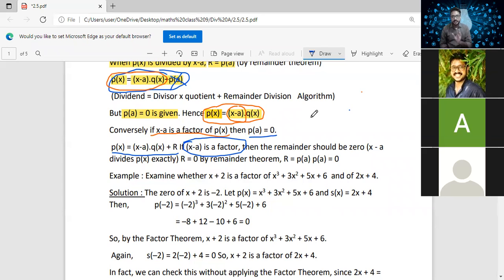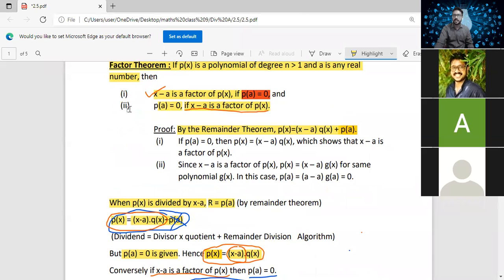That is, there is no remainder. In other words, the remainder should be 0. Right? So by remainder theorem, we can say that r is equal to p of a, and p of a should be, in other words, 0. Actually, that is what we want to prove in the second case also.